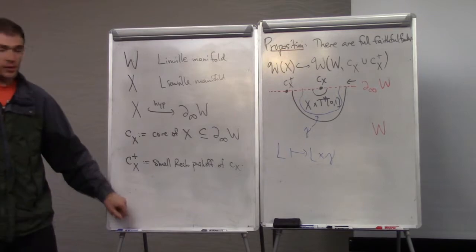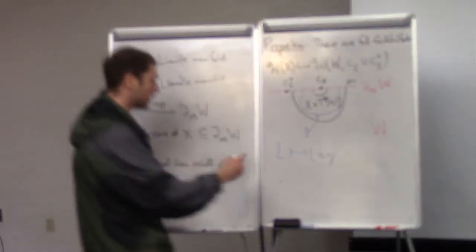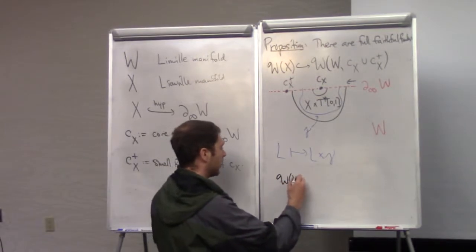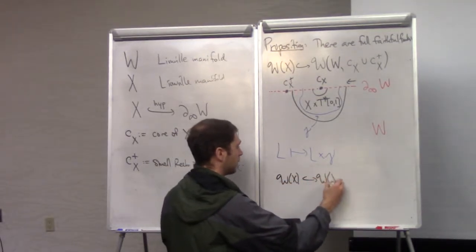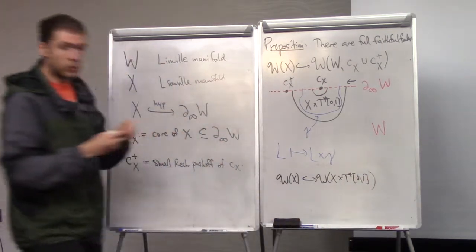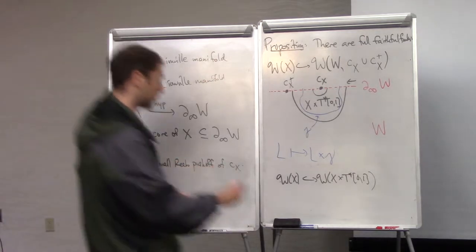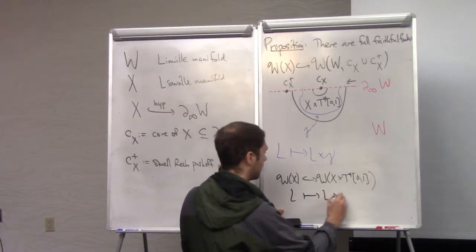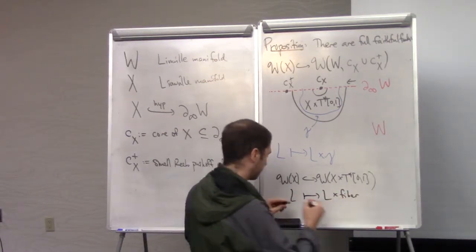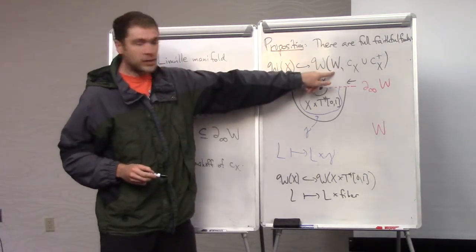So the reason this is fully faithful is simply, well, okay, so first you have the map from W of X into W of X cross T star [0,1]. That's the Künneth embedding that's always fully faithful. This is just L maps to L times the fiber. And then you have this map from here into here.